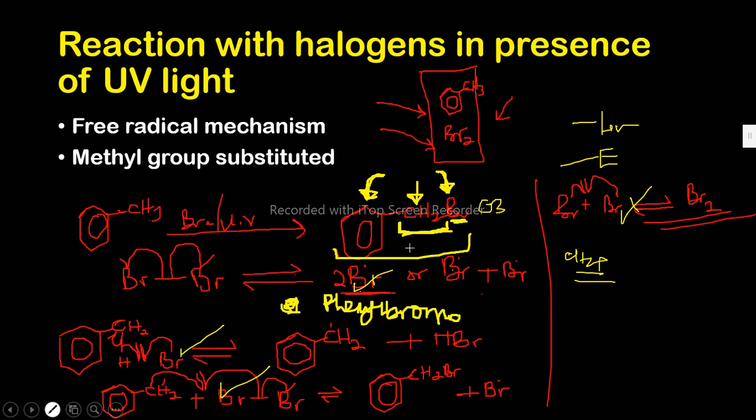And since it's just 1 carbon atom, it will be bromomethane. Phenyl bromomethane. So for those of us who named it bromo methyl bromobenzene, now that is something different.